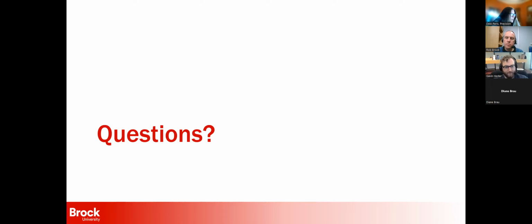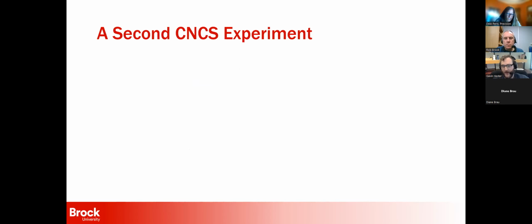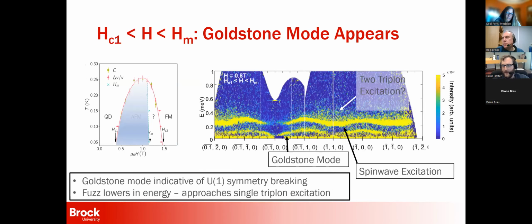Okay. Then what is the main cause of the narrow energy gap between the Goldstone mode and the spin wave excitation? Yeah, so the Goldstone mode, let me go back to that here. There's this gap here, which I think is what you're alluding to, from the Goldstone mode to the spin wave. The energy of the spin wave excitation comes from how strongly the spins talk to one another.